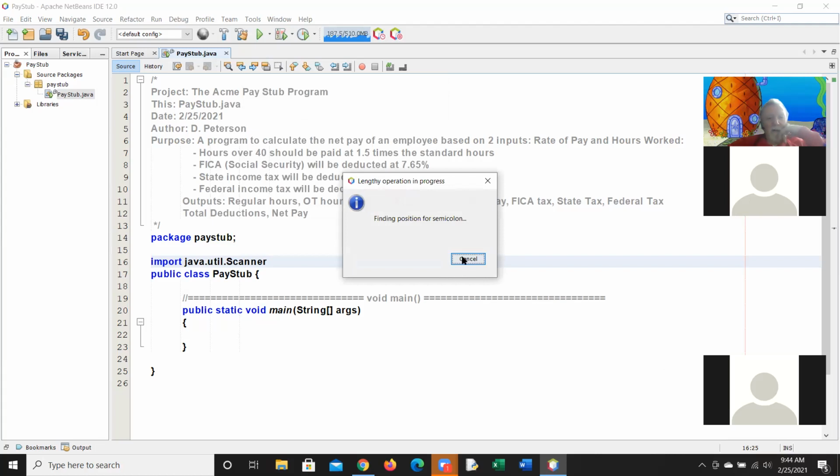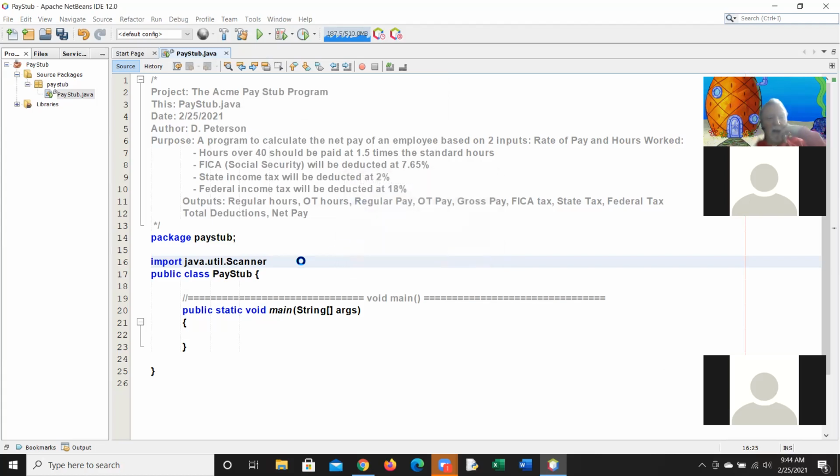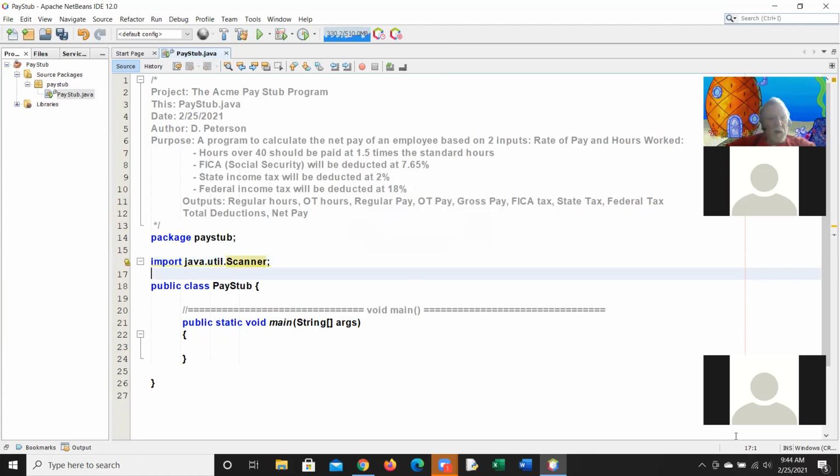I just don't understand why NetBeans does that all the time. It sits and spins, and then it puts the wrong thing in. See, just like you guys, mine doesn't always do what I want it to do. So that looks good.